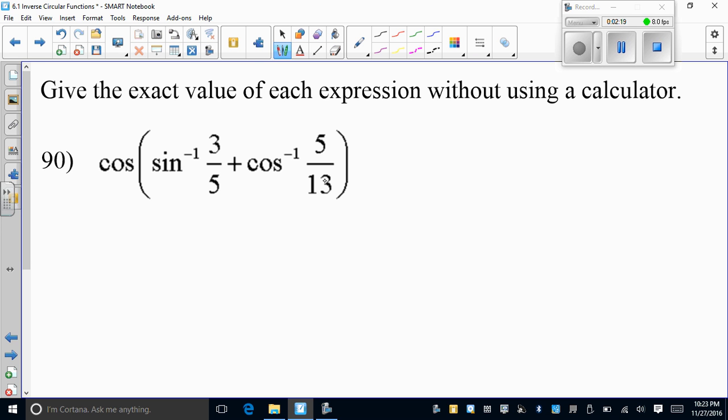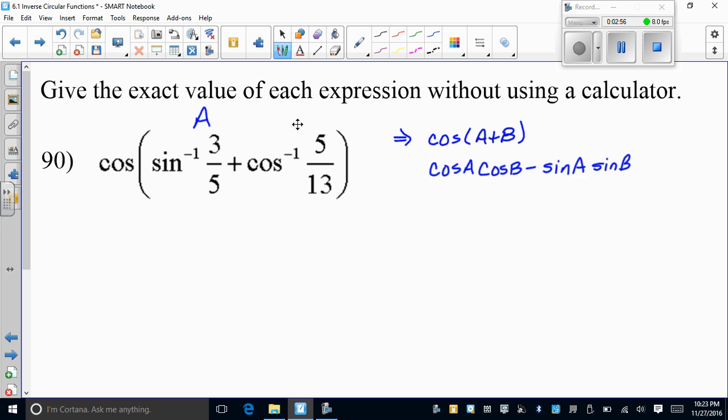This can be written as cosine of a plus b, which again is an identity, and the identity on this one is cosine of a times cosine of b minus sine of a sine of b. Now at this point, unfortunately, we have some work to do. So we're going to identify this being angle A and this being angle B.